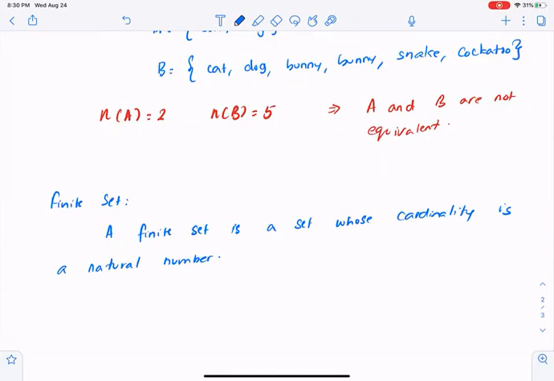Well, a set whose cardinality is a natural number would mean the cardinality could either be 1, 2, 3, 4, 5, etc. Well, they're all countable numbers. So if you can count the number of elements in a set, then we have a finite set.